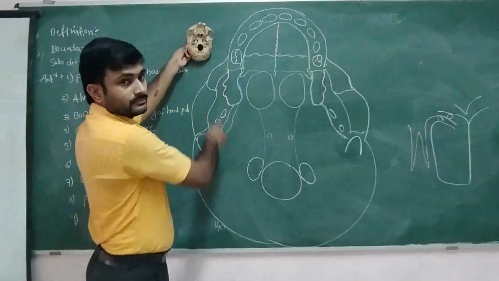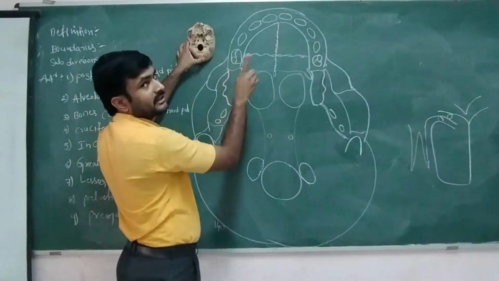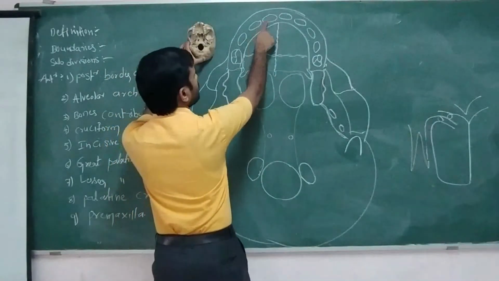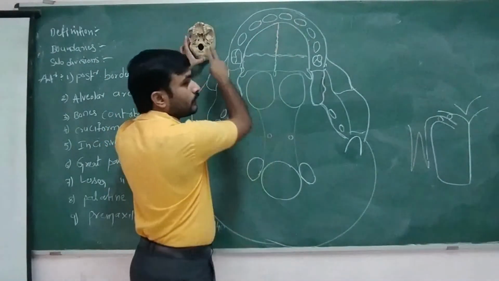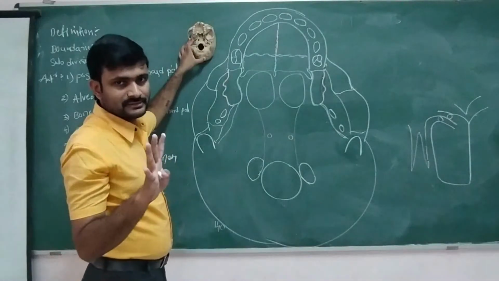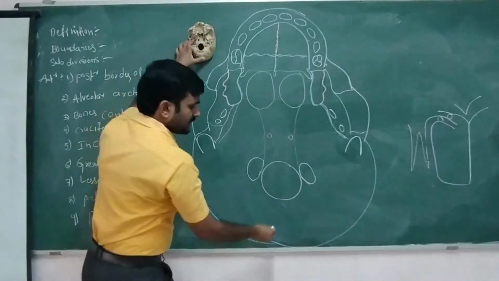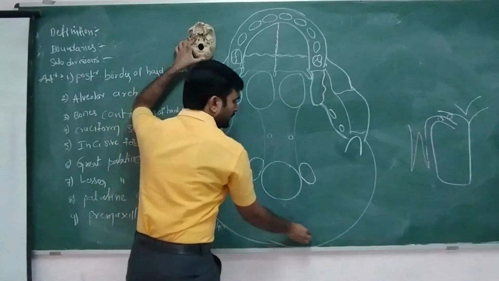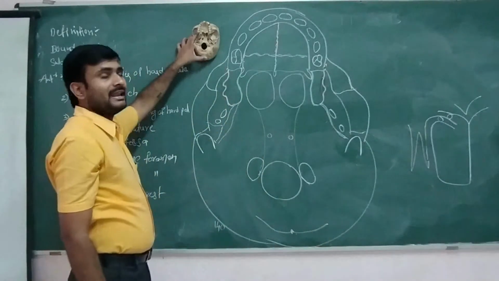See here, same skull. Boundaries of the norma basalis: anteriorly by the 4 incisor teeth. Posteriorly, here we have the superior nuchal line.